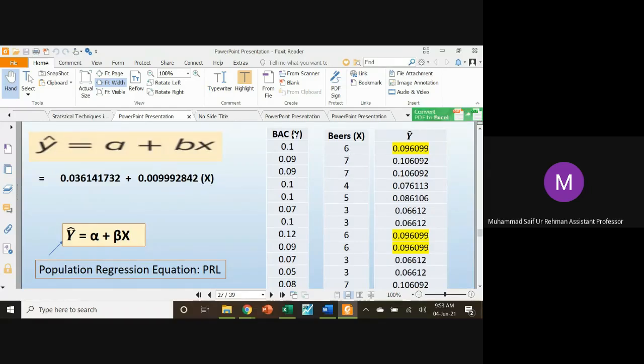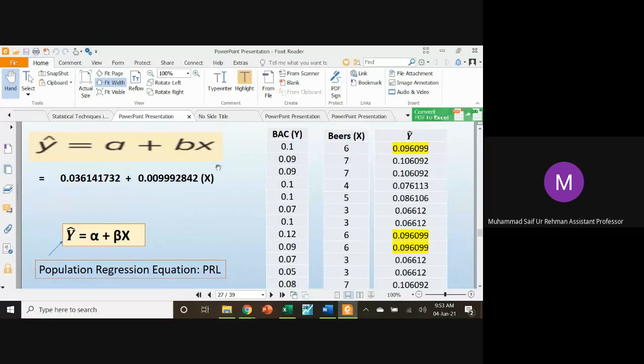In fact, the actual value of y is this, but when you substitute this value in this equation, definitely you will have some other value, and that value will be y hat. So this has occurred. But when you substitute this value in the estimated equation, because you know the value for alpha and the value for beta, when you substitute this 6 here, this will be the answer.